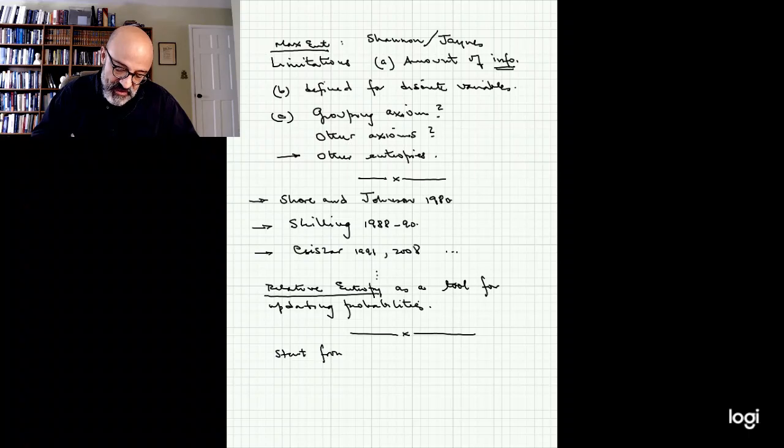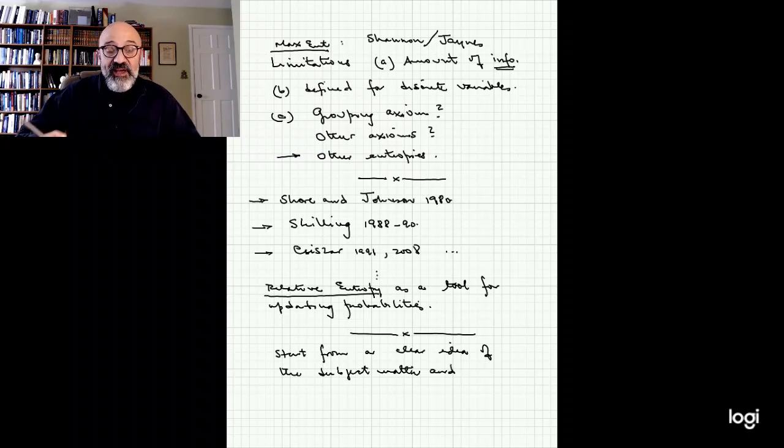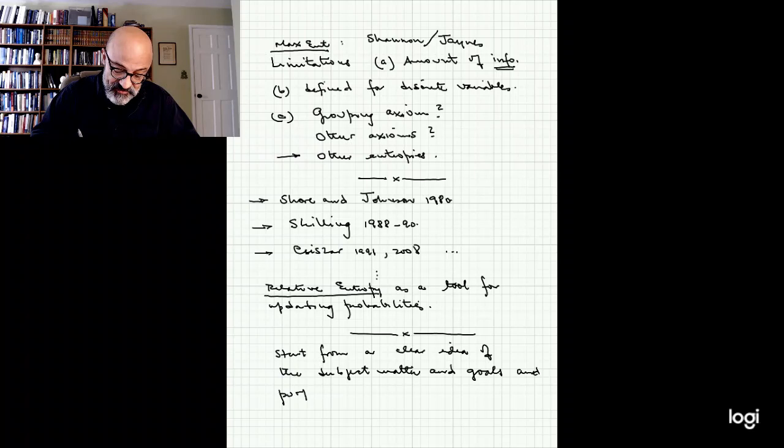from the interpretation. So start from a clear idea of the subject matter, and the purposes and the goals of what it is you want to achieve, and then develop the mathematical framework.